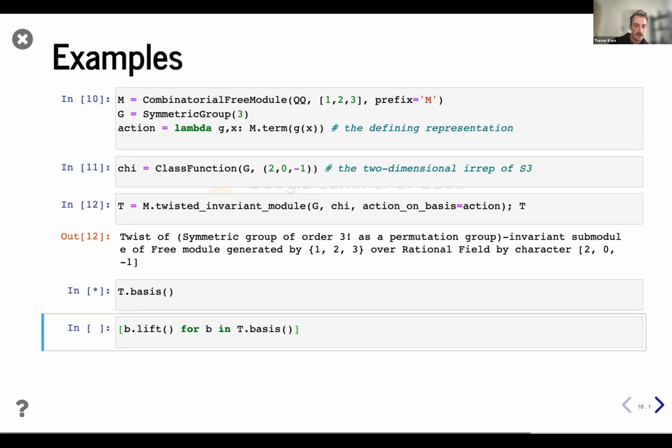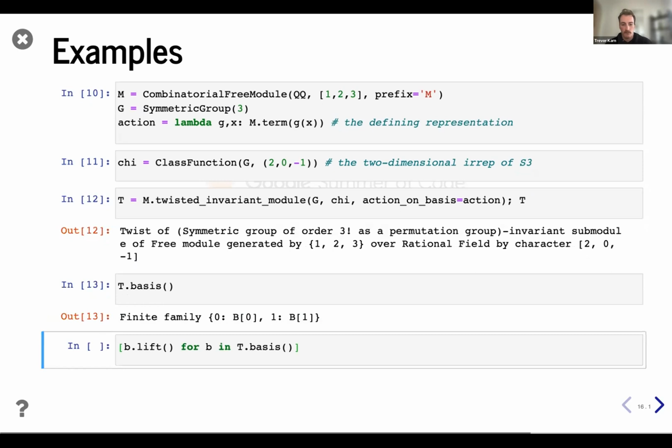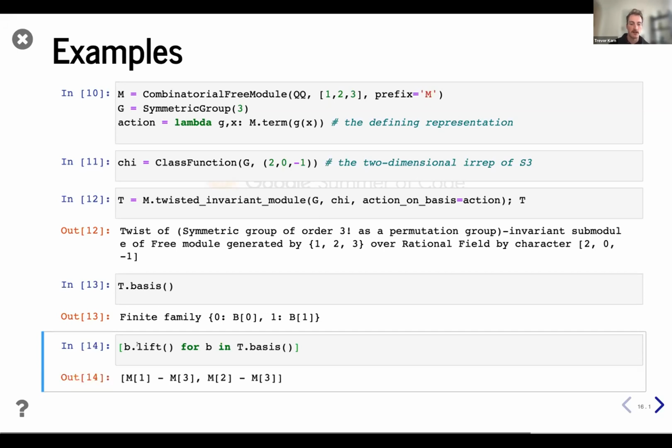You can also look at the basis. So that might be how you would want to use it if you're just trying to do the linear algebra. But if you actually want to understand what that looks like in your original module M, you can use the lift method and see that this corresponds to M1 minus M3 and M2 minus M3. Okay.